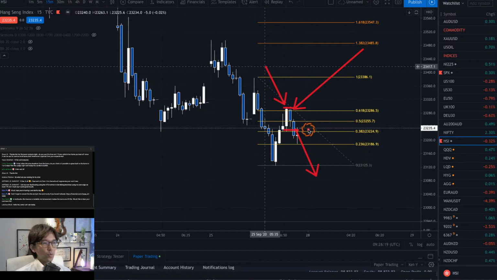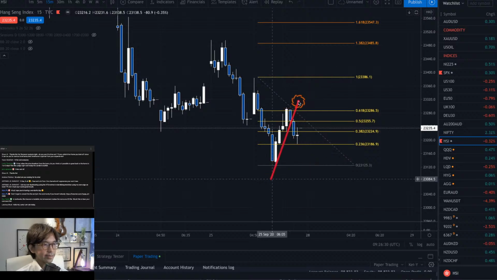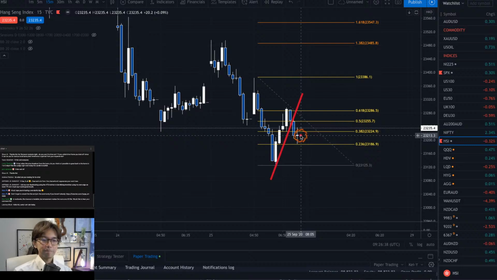And also I would look at other lines. In this case, I draw this candle trend line, and at the break, that will be another confirmation to sell.